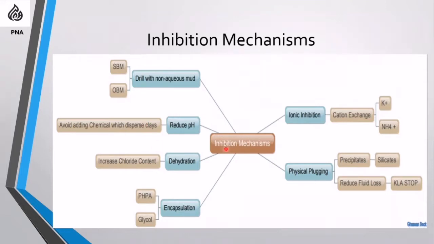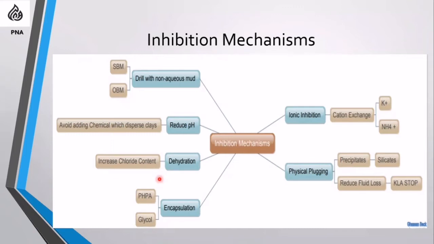The third mechanism here is dehydration. Dehydration increases chloride content and salinity, so we work by osmosis. When we increase the salinity or chloride content of the mud, by osmosis the water will go from low salinity to high salinity.